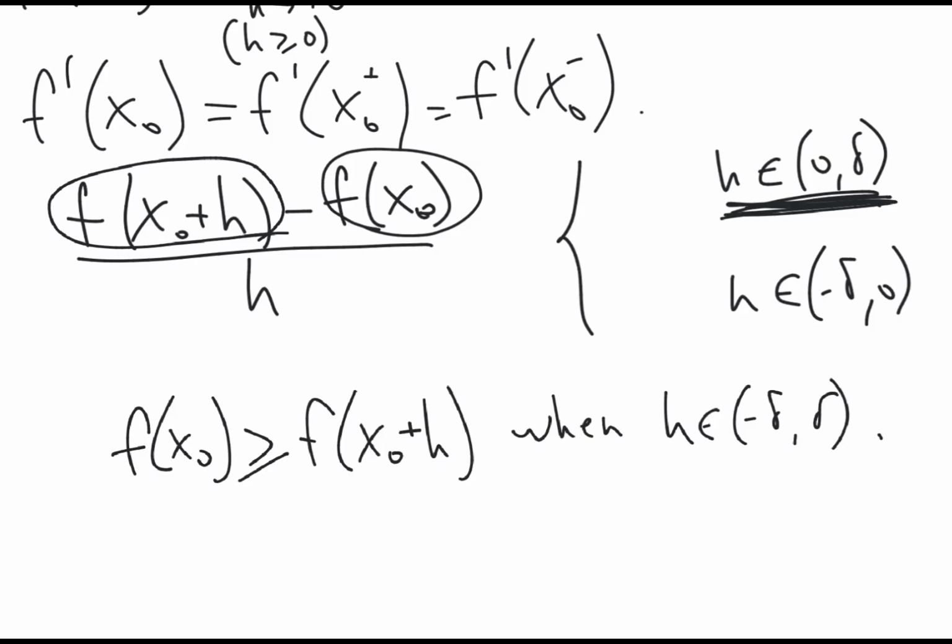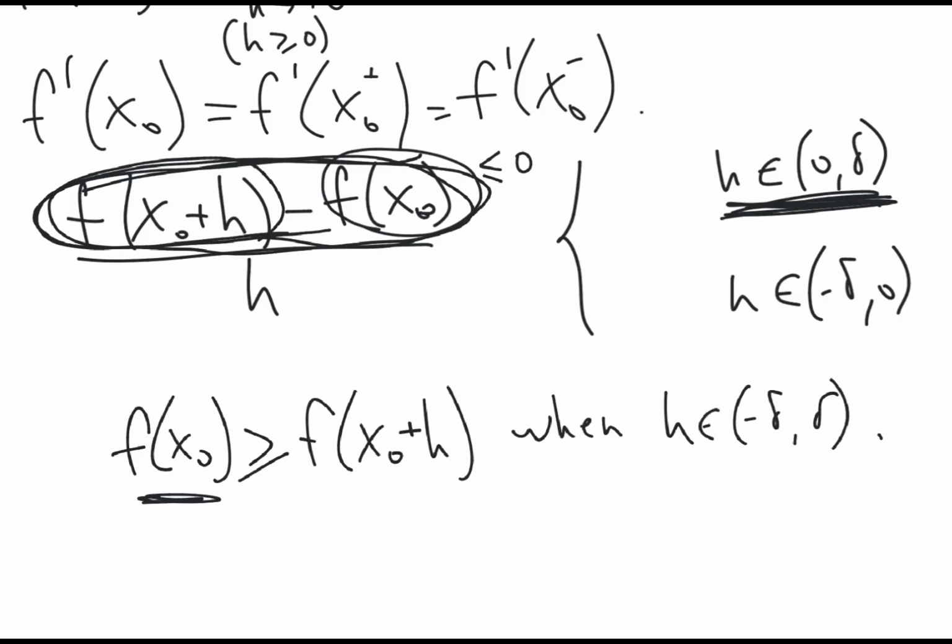Therefore the numerator of this fraction is always less or equal than 0, because f of x0 is greater or equal. The whole numerator is less or equal than 0.